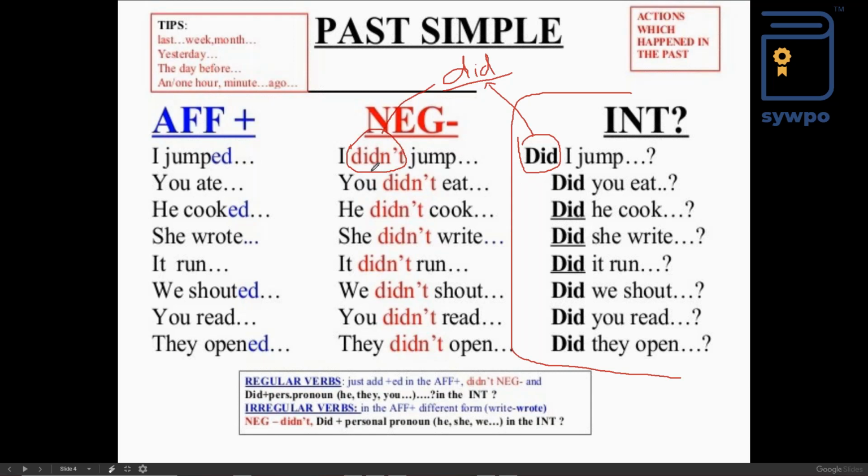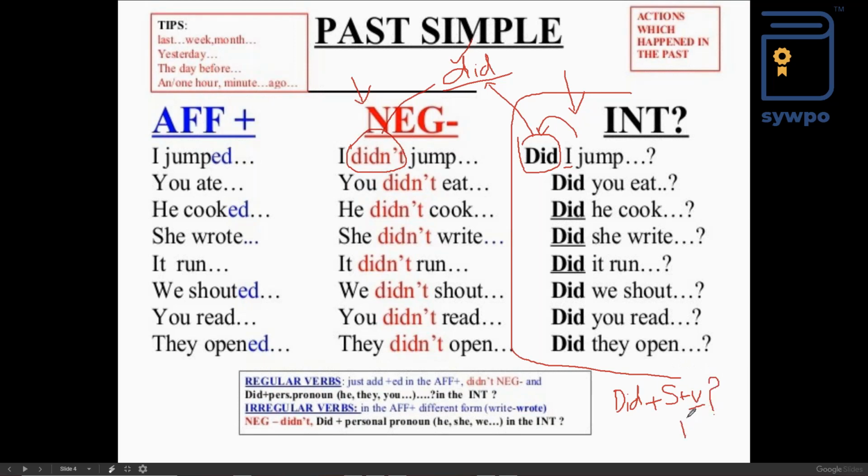We are using in simple past the helping verb did for making negative and for making questions. So you write the word did before the subject, then you write the subject, then the verb, and after that you write a question mark.